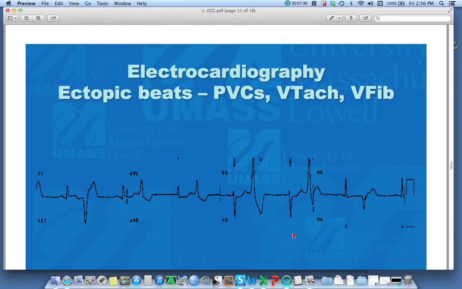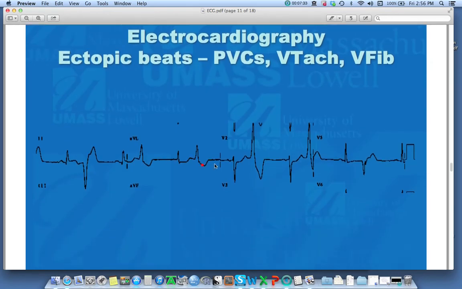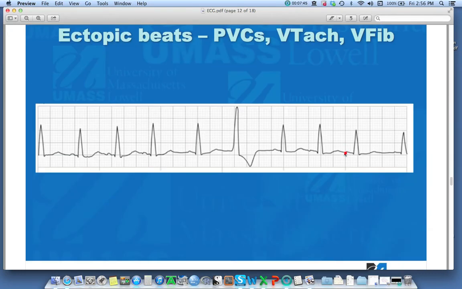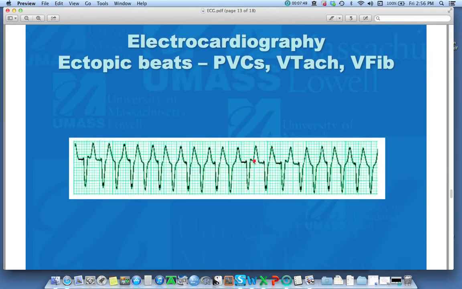When you start having a lot of them coming from different ectopic foci, that's more severe. Here's one PVC. Here is multiple PVCs non-stop.